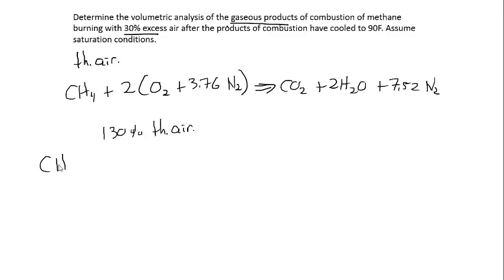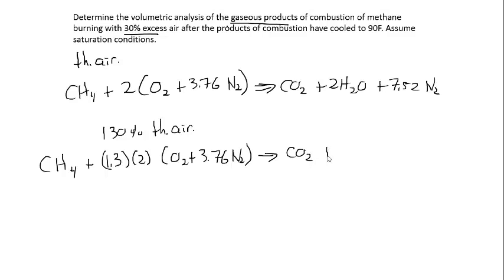Taking that into account, we still have 1 mole of methane reacting with 1.3 times the normal amount of air. That will yield still the same amount of product, but with leftover oxygen and more nitrogen.